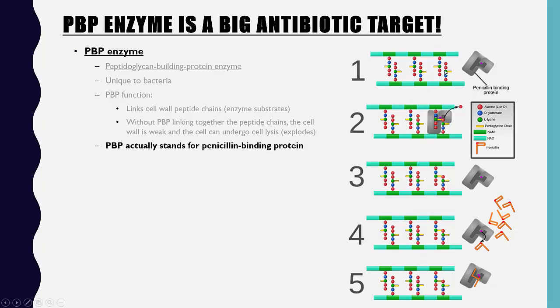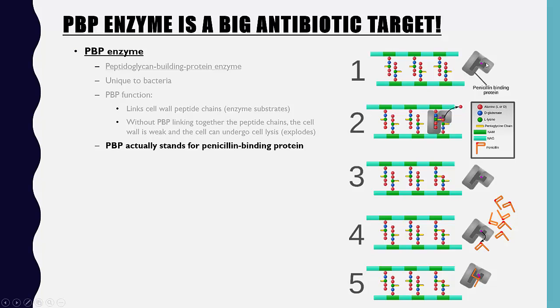When the scientists were trying to figure out what penicillin does, because they knew penicillin killed bacteria, they were trying to find the target of penicillin. And they realized penicillin was a competitive inhibitor; it attached to this little enzyme here.